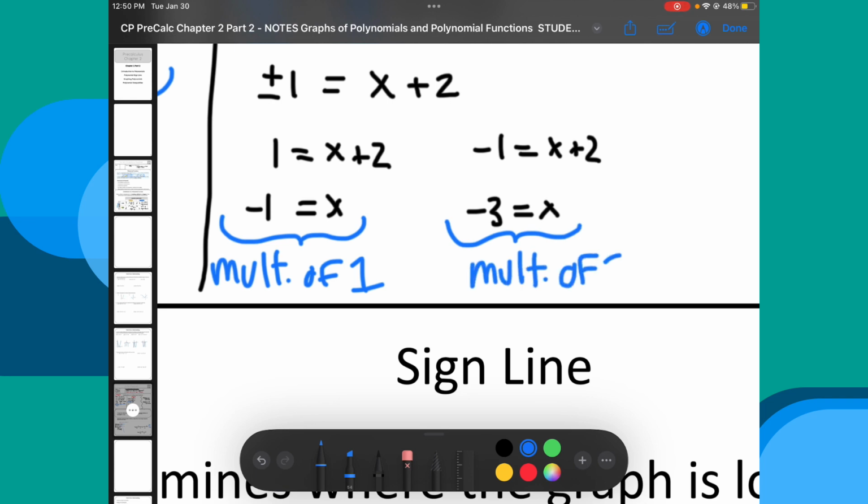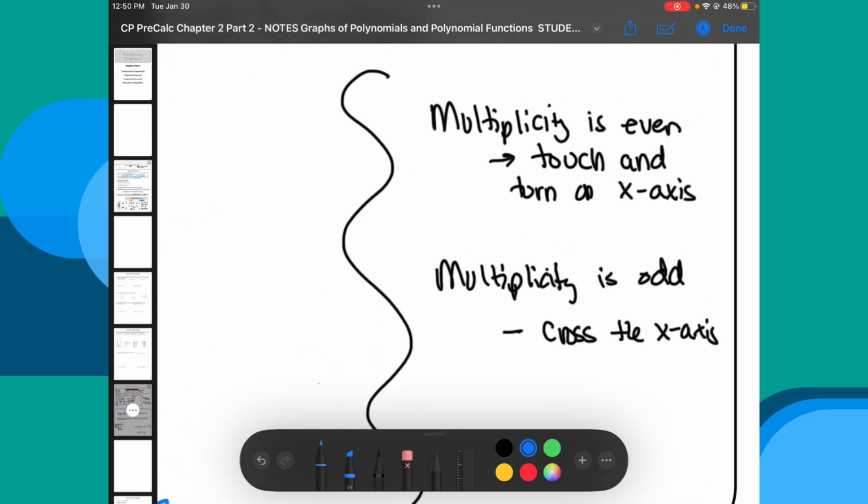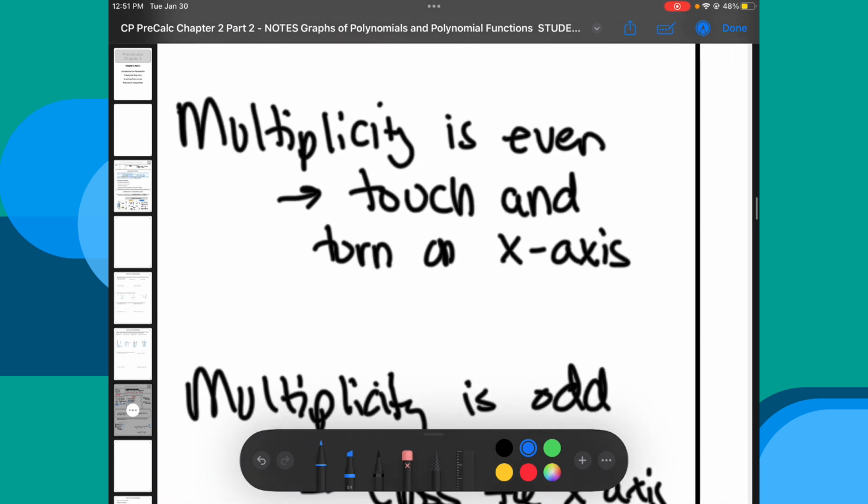Now, sometimes you could have a multiplicity of 1 and then a multiplicity of 2. Each x value has its own independent multiplicity from the other zeros of the polynomial. Multiplicity tells us what happens when we get to the x-axis. So if your multiplicity is even, 2, 4, 6, 8, that means that we're going to do a touch and turn on the x-axis.